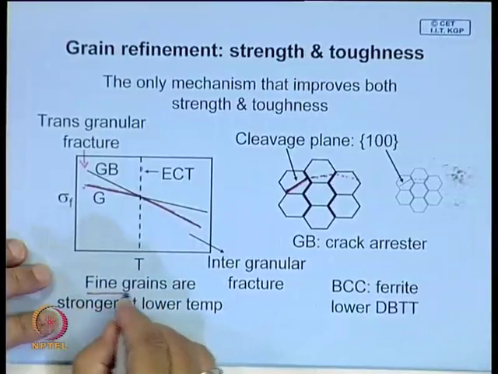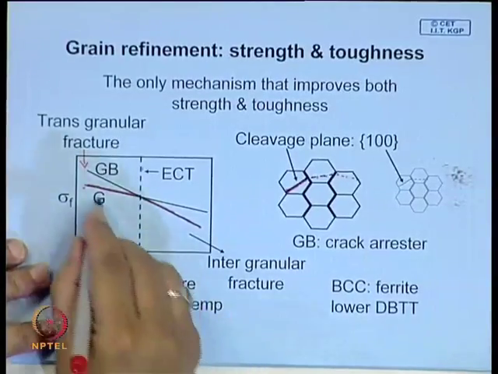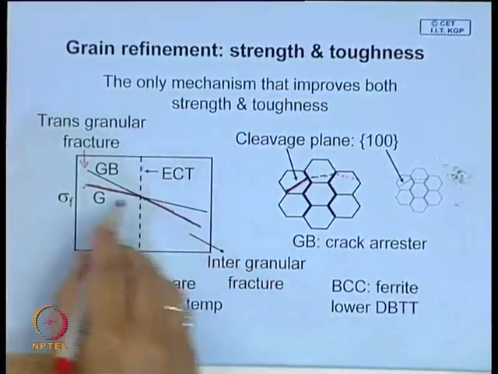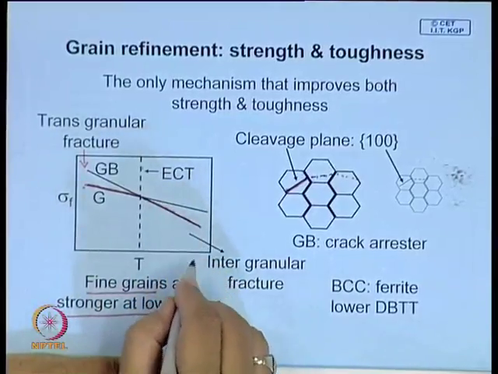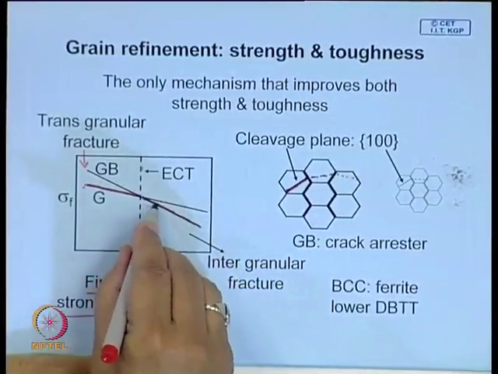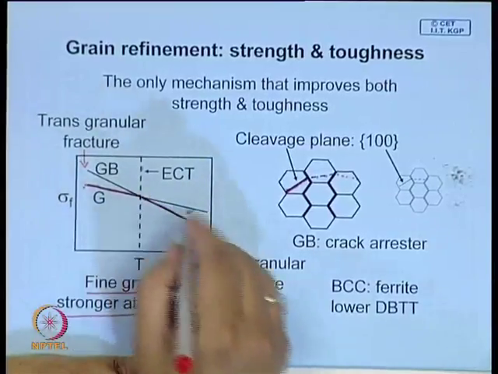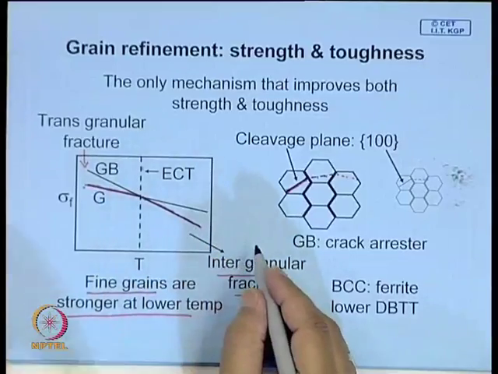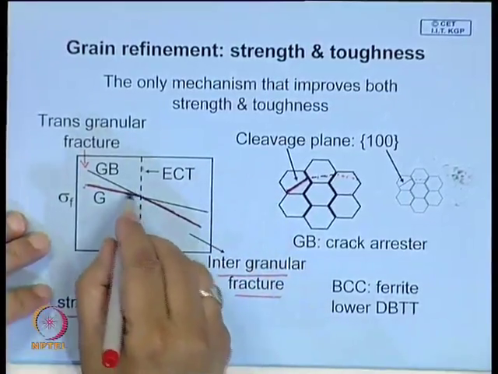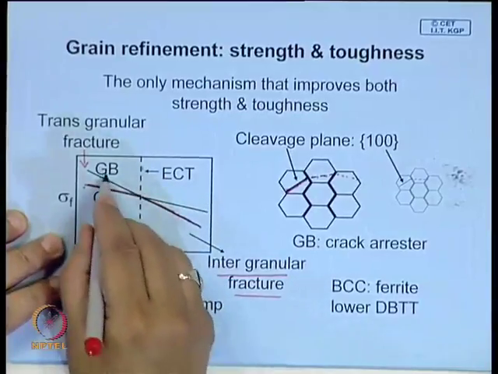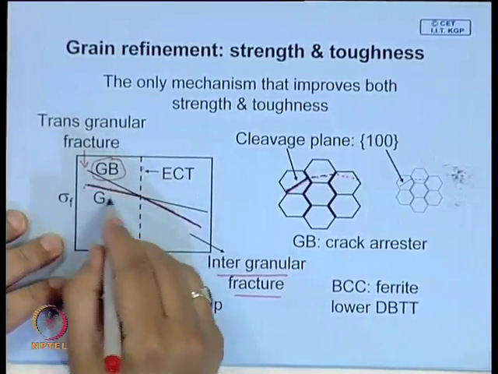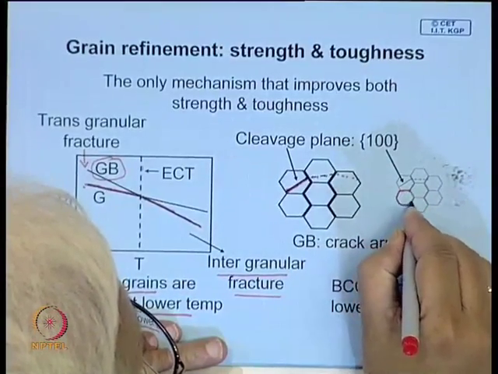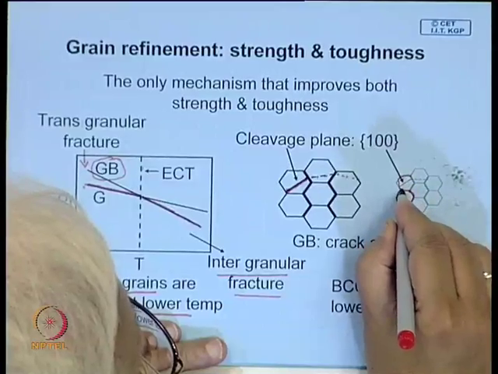Fine grain structures are stronger at low temperature, whereas at higher temperature fracture is intergranular, because the grain boundaries are weaker. Since at lower temperature grain boundaries are stronger, we try to have more grain boundary. So, the finer grain structures will be stronger, as shown over here.